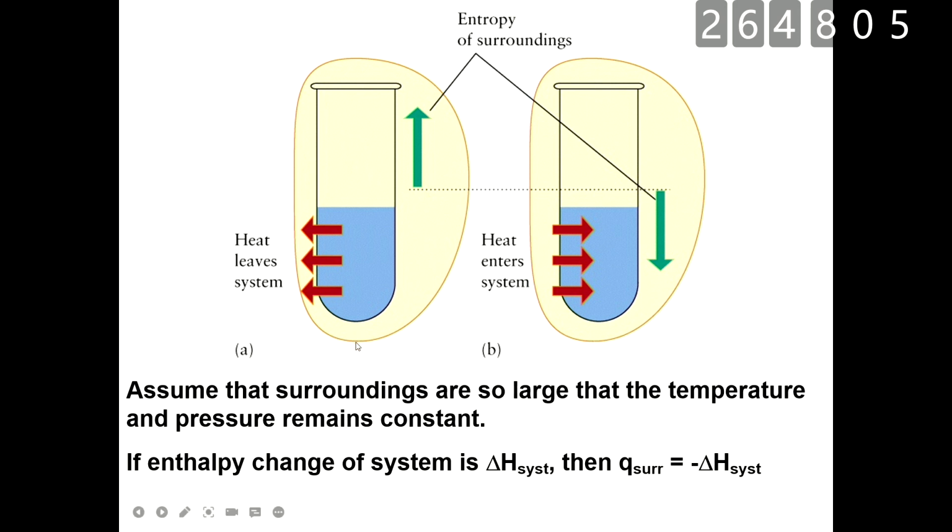This means that in both cases the surroundings get or provide energy, but the temperature almost remains constant, because the universe is very large. So the temperature change may be very small.